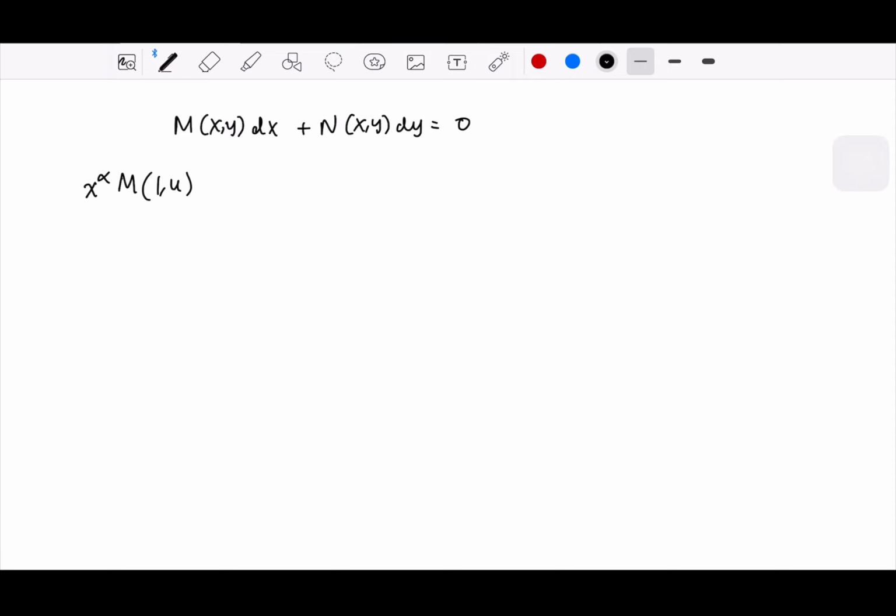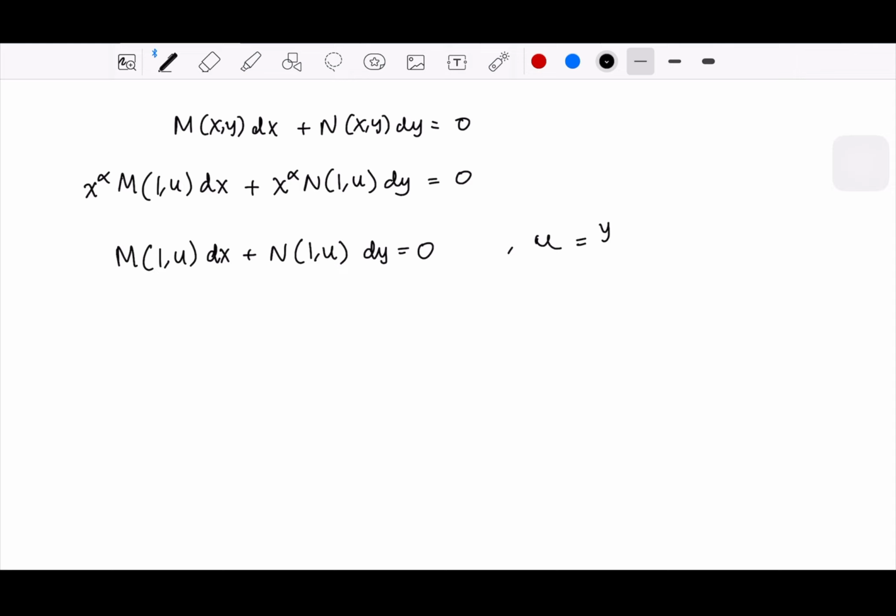Let's just use the u first, not v, where u is y over x, or we can write y is ux.